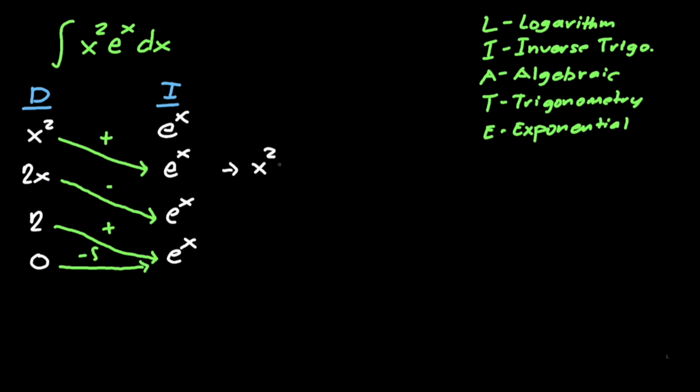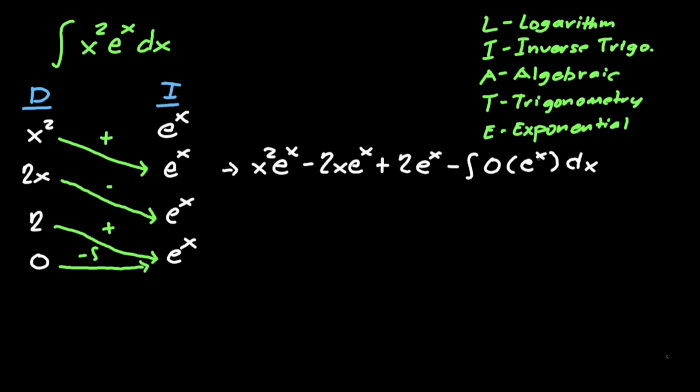x squared multiplied by e raised to the power of x minus 2x e raised to the power of x plus 2 e raised to the power of x minus the integral of 0 multiplied by e raised to the power of x dx.